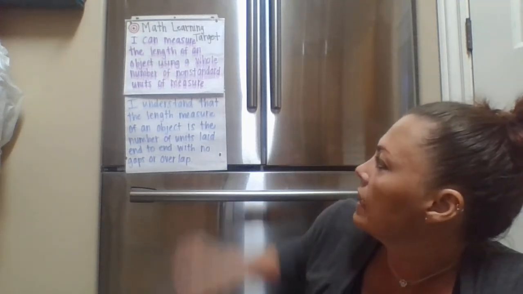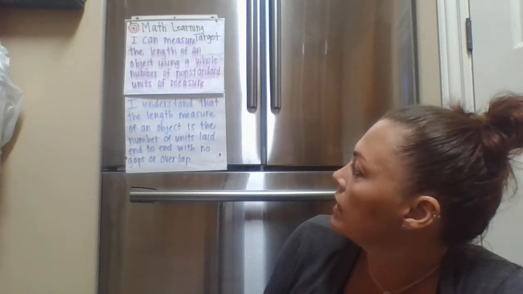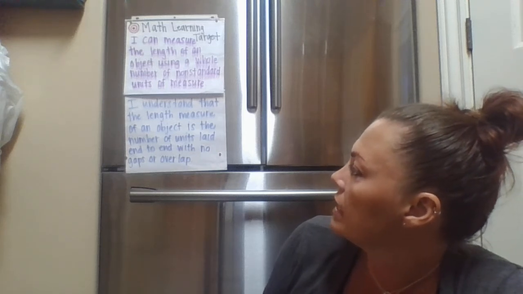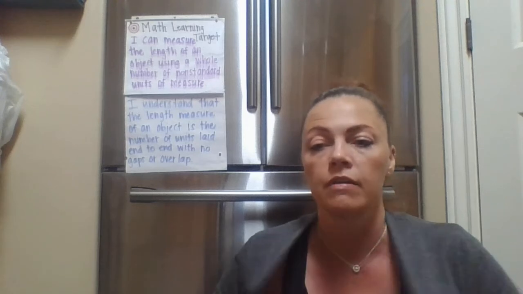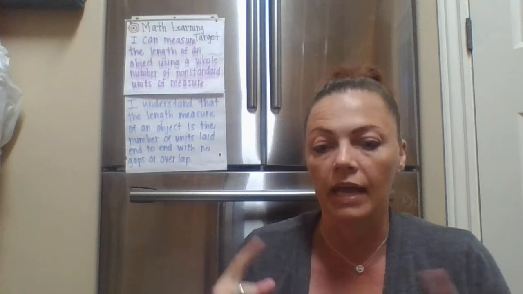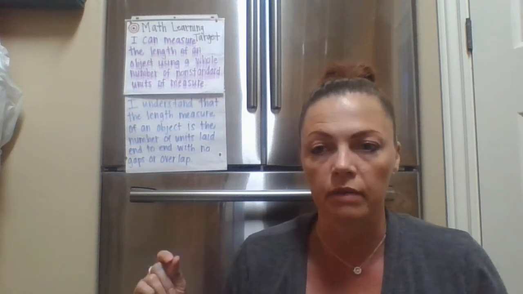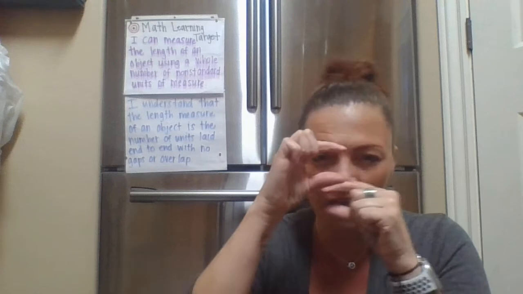The second one says, I understand that the length measure of an object is the number of units laid end to end with no gaps and no overlap. So if I'm measuring using paper clips, first of all, I have to use the same size paper clip, because there's big paper clips and small paper clips, and I can't use both.